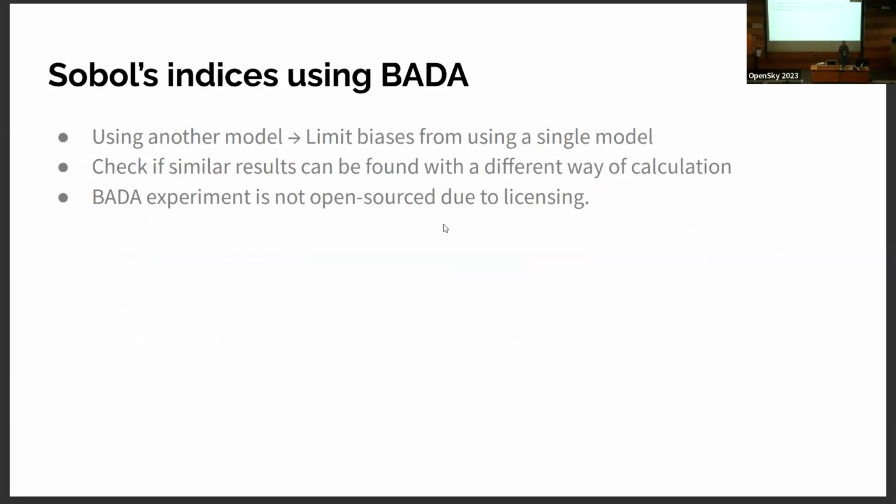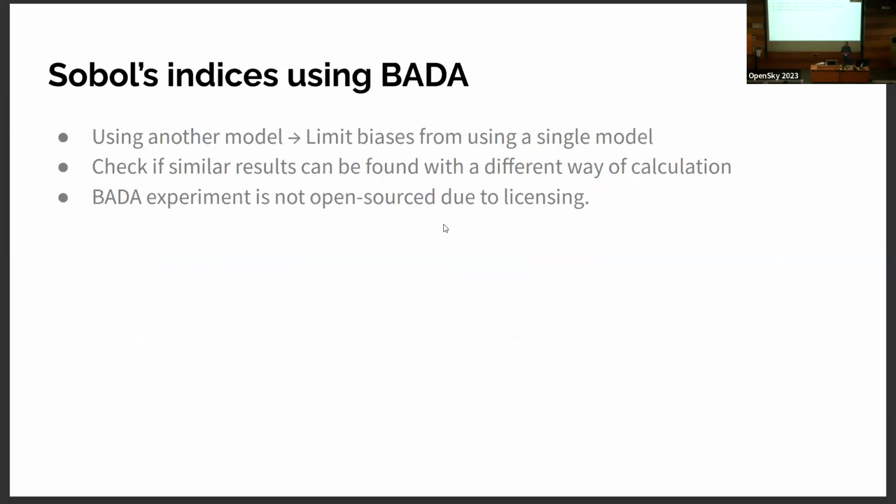Since we mostly used OpenAP for our first experiments, we wanted to use another model to try to limit biases from using a single model, to check if we were having more or less similar results using another model.